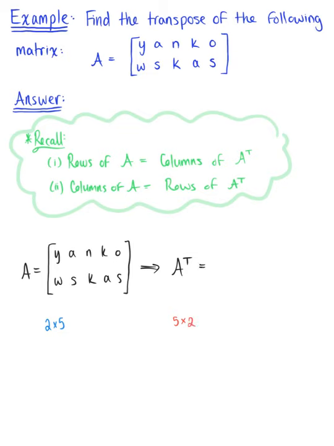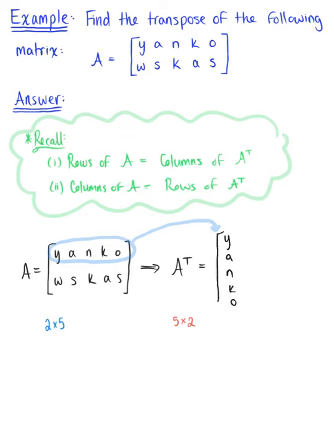Now, to attain the transpose of matrix A, we want to begin by taking the first row of matrix A, and we are going to map this to the first column of the transpose. So in other words, that first row becomes the first column. We have Y-A-N-K-O.